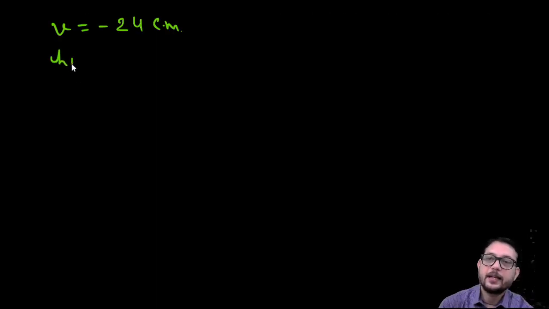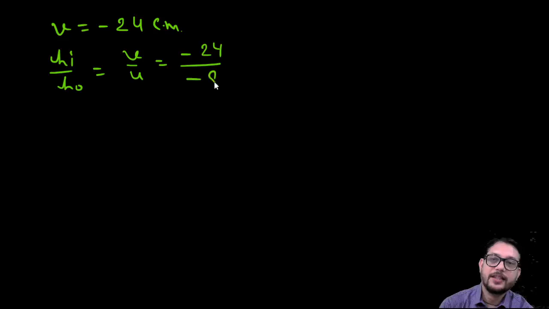So hi upon ho is v upon u, where v is minus 24 and u is minus 8. That cancels out, and hi upon ho is 3.